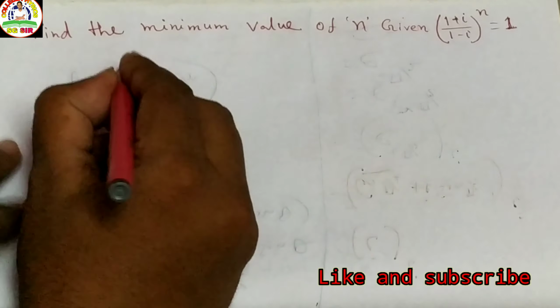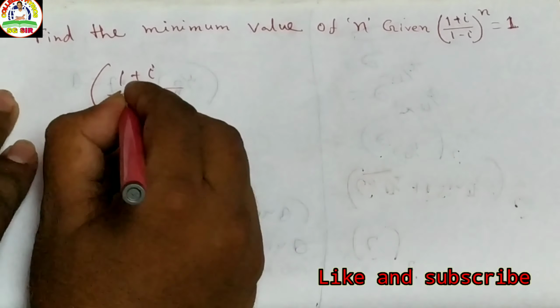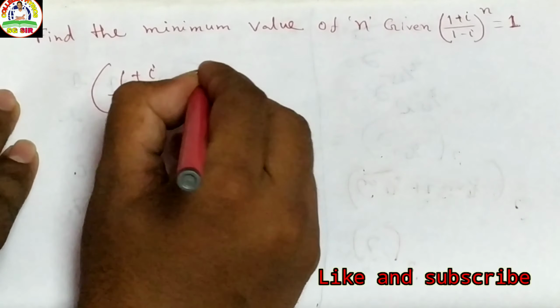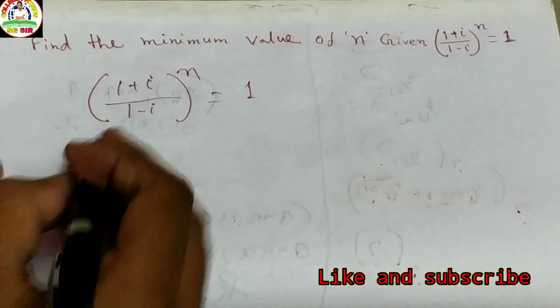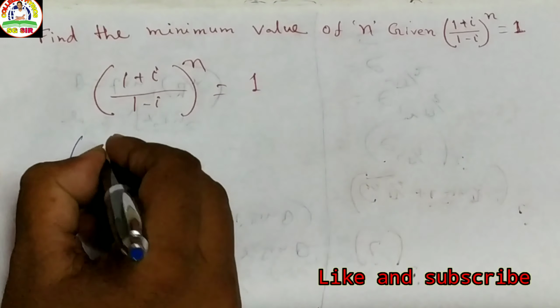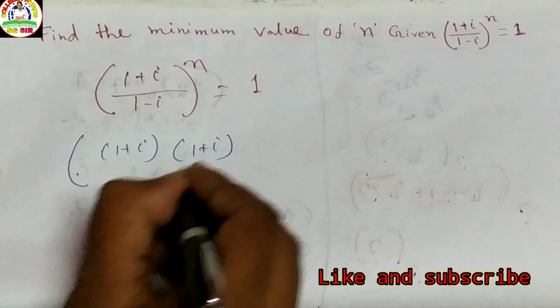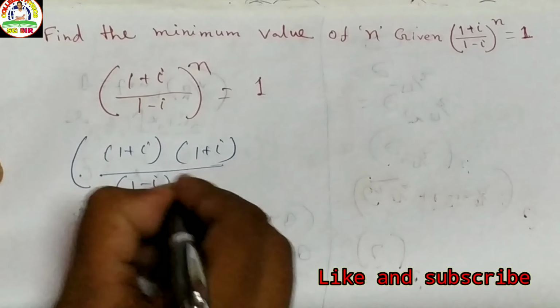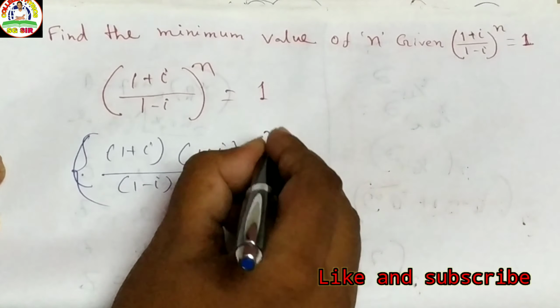We can write (1 plus i) into (1 plus i) by (1 minus i) into (1 plus i), whole to the power n equal to 1.